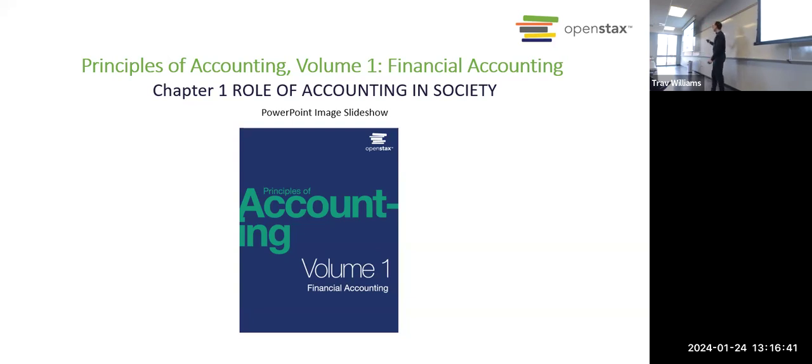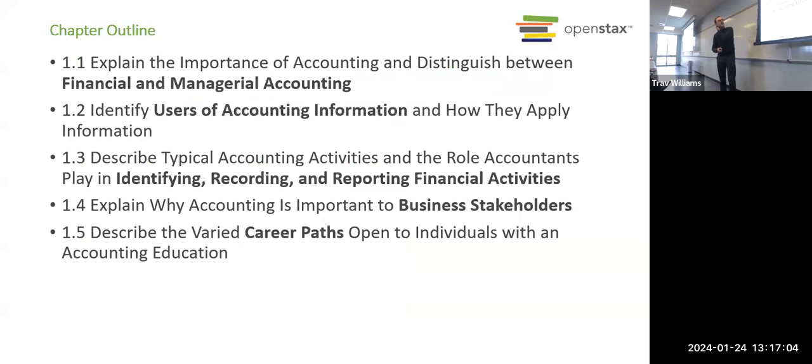So welcome to actually learning about financial accounting. The name of our chapter, The Role of Accounting in Society. So just like I mentioned the other day, all of the disciplines somehow interact: business, accounting, society, social science, everything interacts in some way.